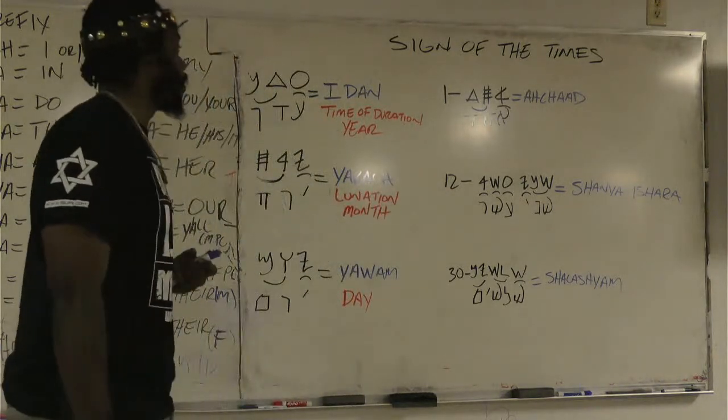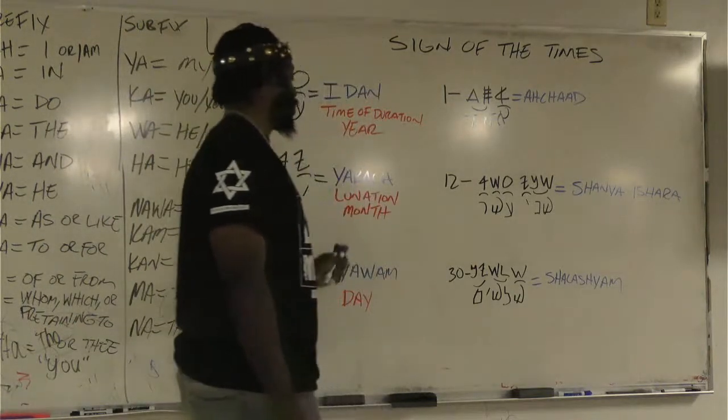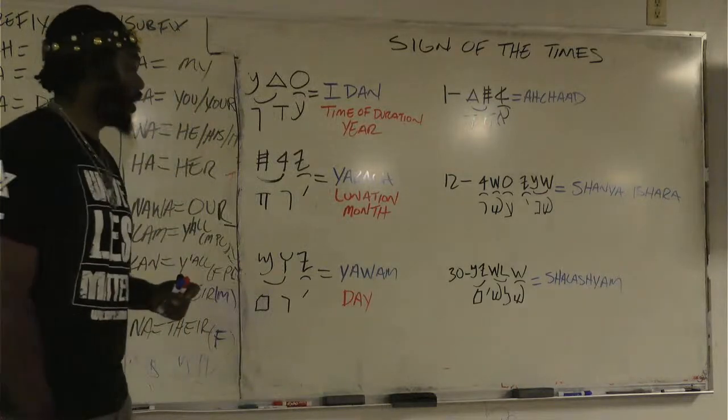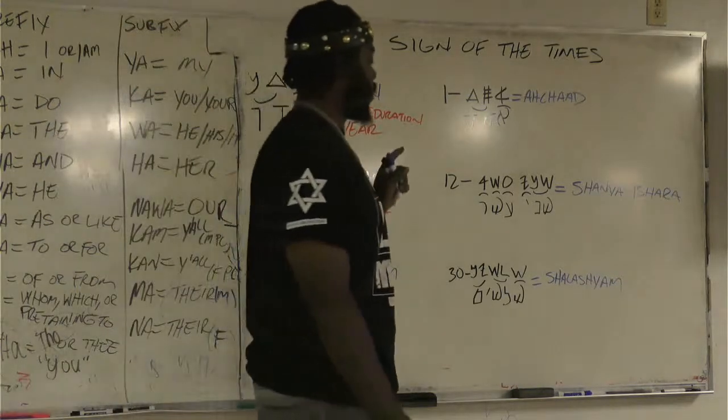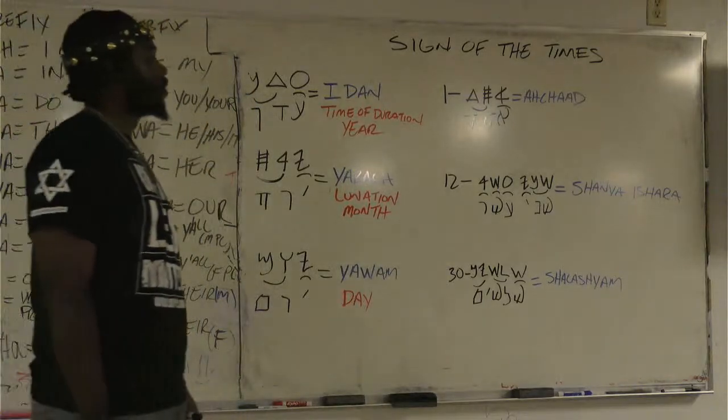So in 1 year there are 12 months, and in 1 month there are 30 days.